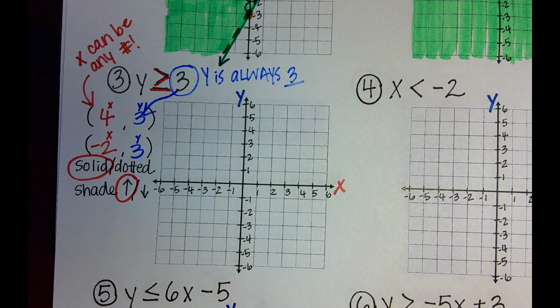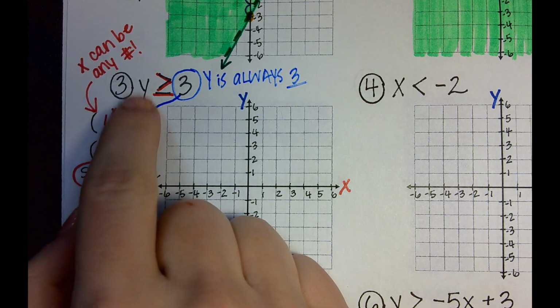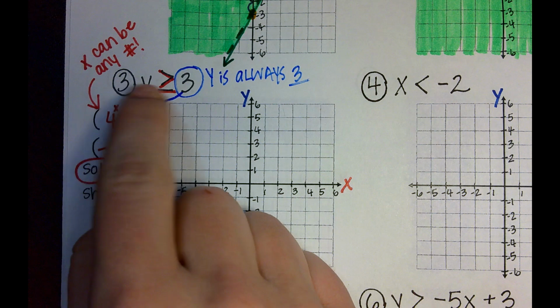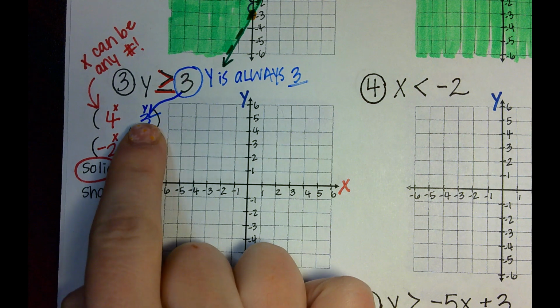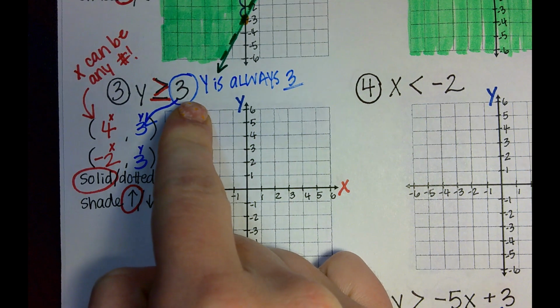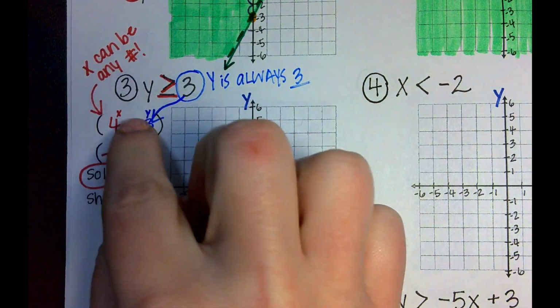So we decided that whenever we're told that y is always either greater than or equal to 3, that means if we were to think of this as graphing coordinates, our y value will always be 3 because they gave that to us. So y is always 3, and then x can be any number we want.